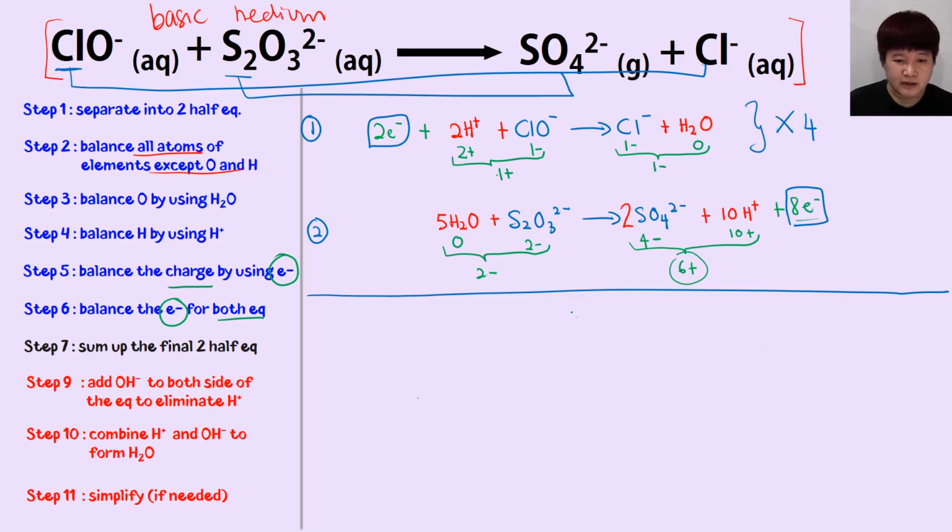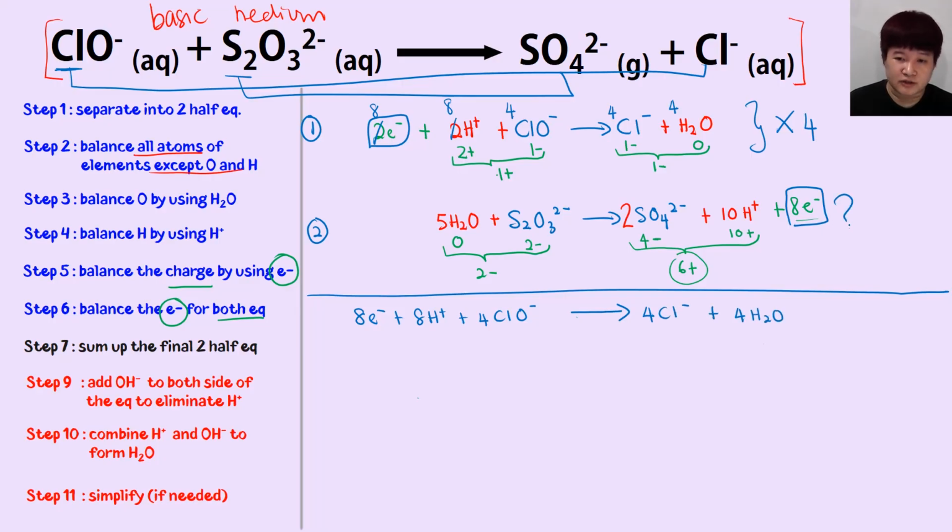So copy them down again. As I said just now, the arrow must be aligned so that you know who is the reactant, who is the product. So for the first half equation, everything times 4. So 2 will become 8, 2 will become 8, over here will become 4, that will be your 4, that will be your 4. Copy them down, you will have 8 electron, 8 H plus, 4 ClO minus, 4 Cl minus, and 4 H2O.